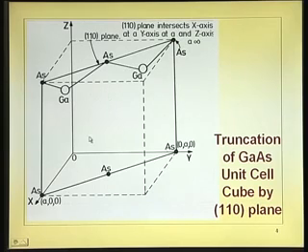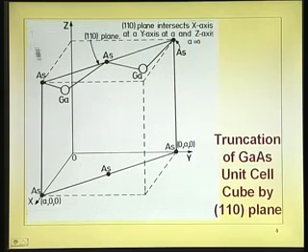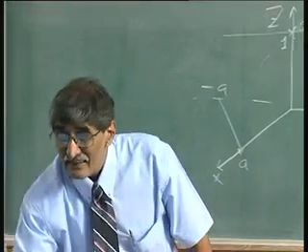You can see here the arrangement of atoms is actually: top plane, top surface, arsenic, arsenic, arsenic, and you go diagonally down, you see those atoms which are A by 4 down.